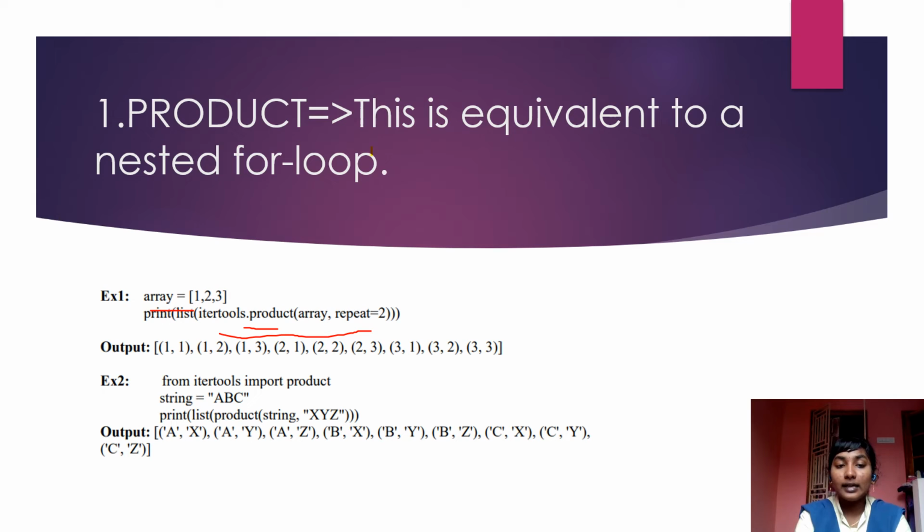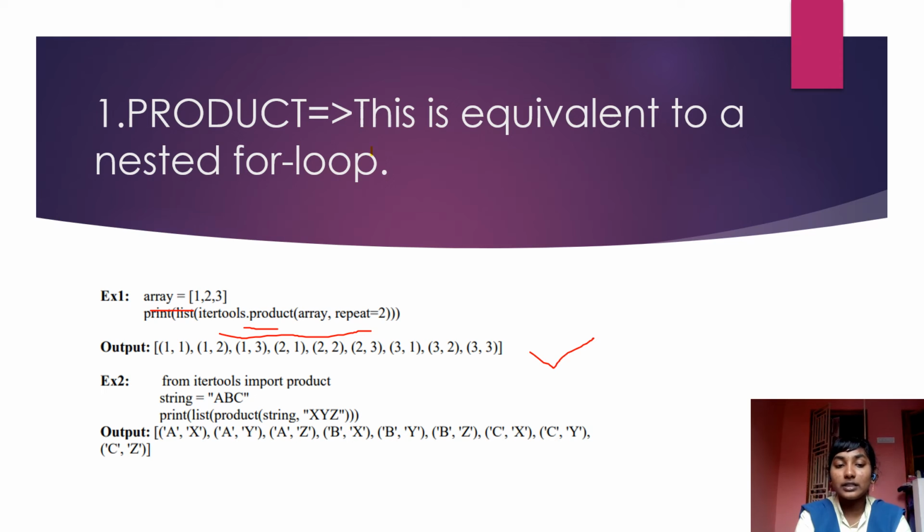So that array will get the product, for example 1 1, 1 2, 1 3, and then 2 1, 2 2, 2 3. We'll get this as output by using this one. And the second program is from itertools import product. It will import product from itertools, and then we'll consider a string and I add the same list.